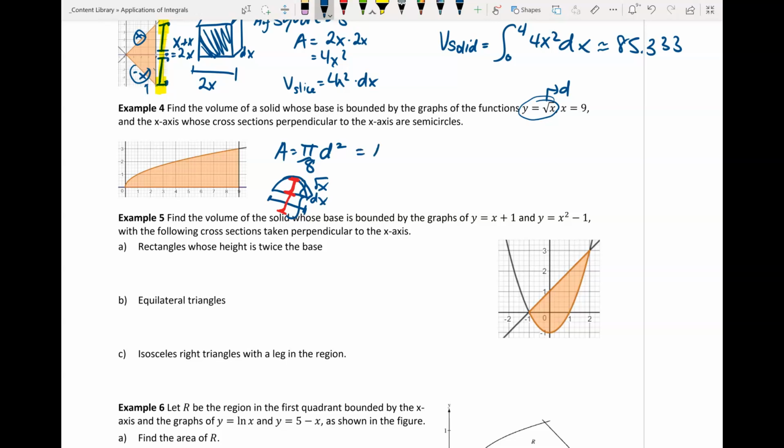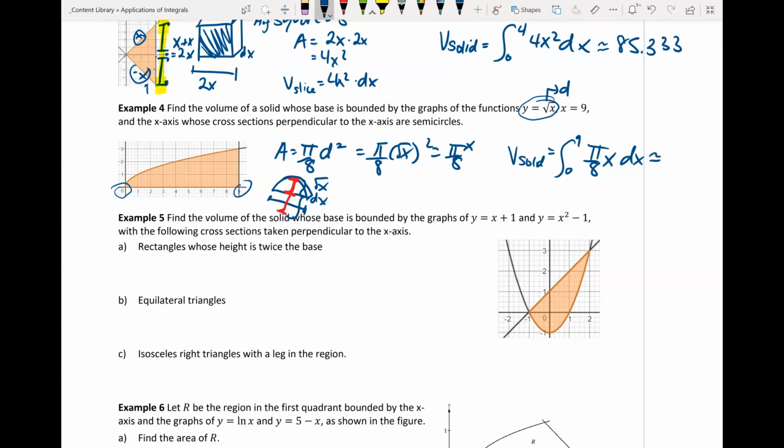So then, if d is the root of x, I can replace d with the root of x here, and I'm left with pi over 8 x. Then the volume of our solid is going to be from our lower x value to the highest x value, from 0 to 9, of our area, which is pi over 8 x, multiplied by the width, which is dx.